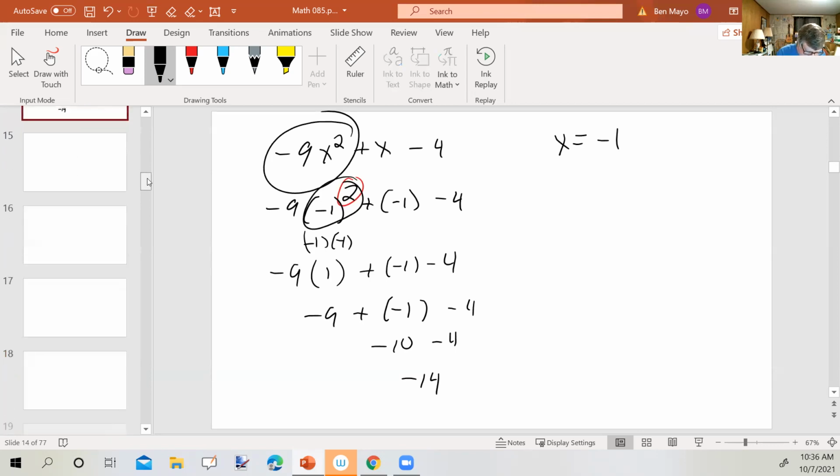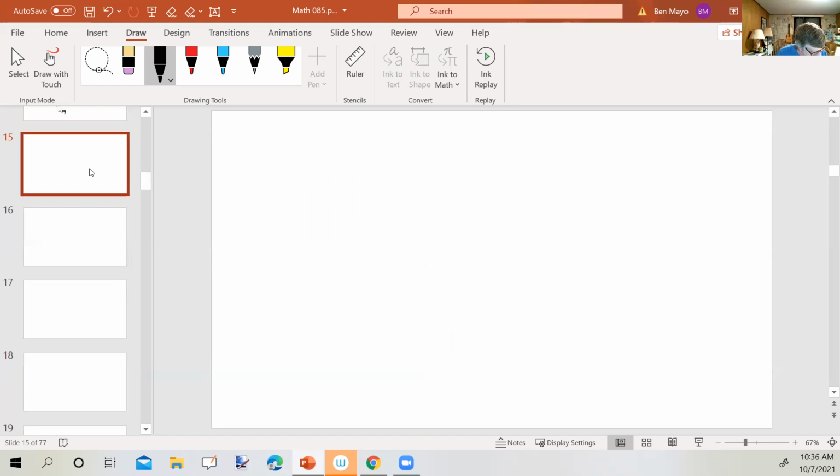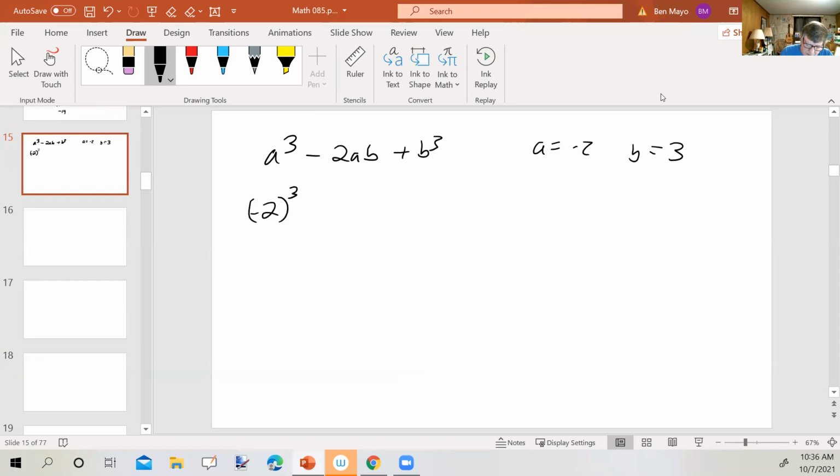Let's take a look at a situation where we're substituting for more than one variable. Let's say we've got a cubed minus 2ab plus b cubed, and a is -2 and b is +3. So we get (-2) cubed, minus 2 times -2 times 3 plus 3 cubed.